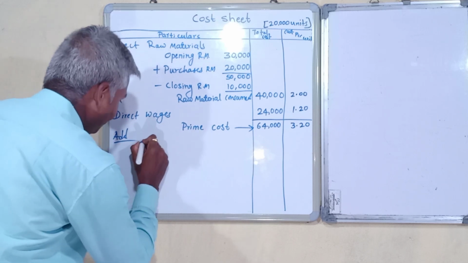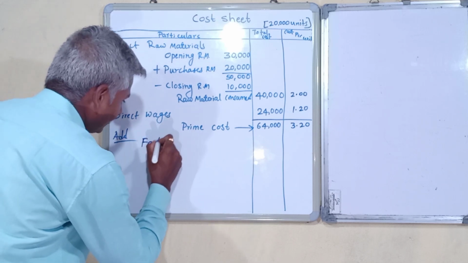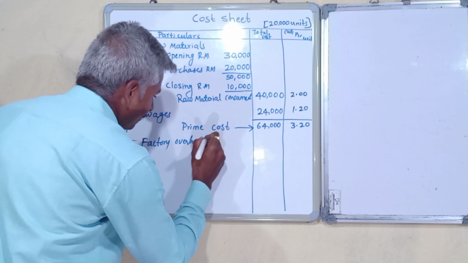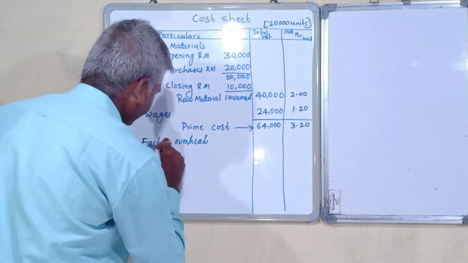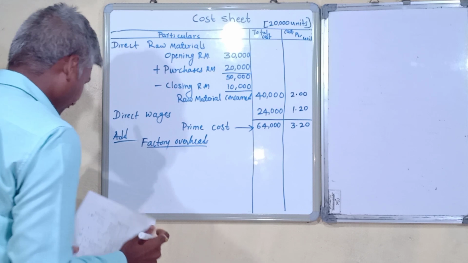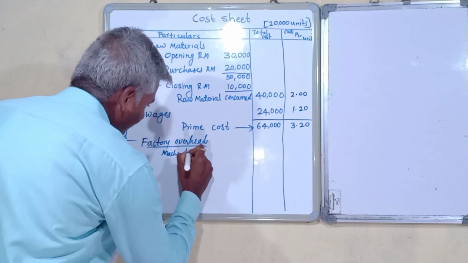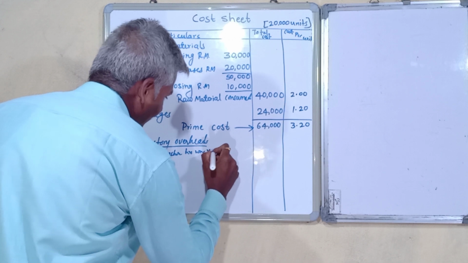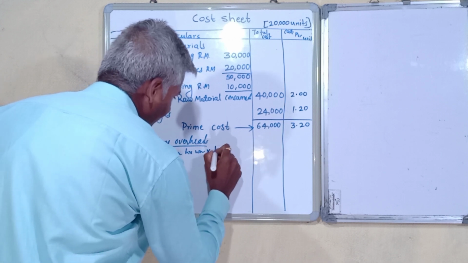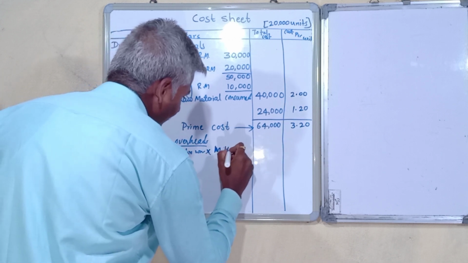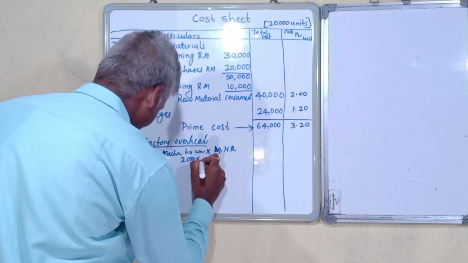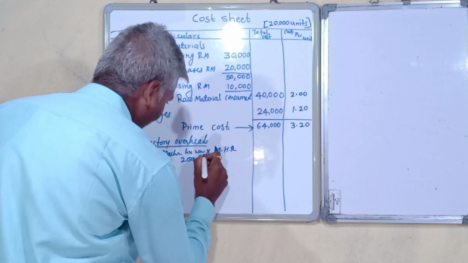Then add factory overheads. Factory overhead is machine hours worked multiplied by machine hour rate, that is 2,000 multiplied by 5.